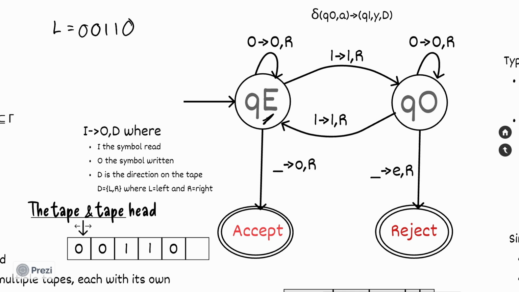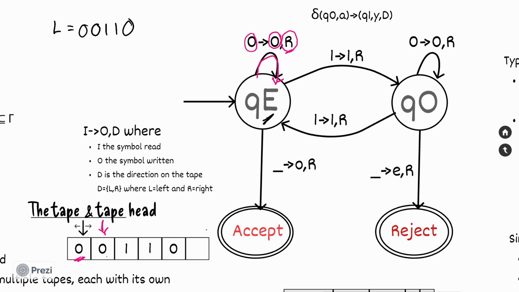Now on reading input 0, we shall take this transition, and since we are not changing anything on the tape, we shall write what we have read, which is 0. This indicates the direction the tape head will take. So the tape head will take one step to the right.